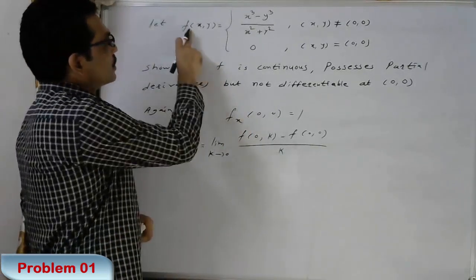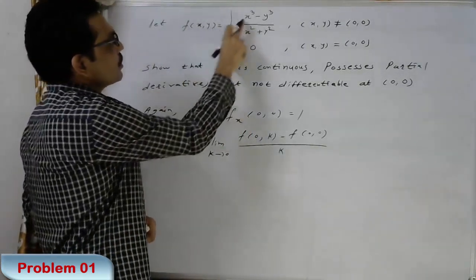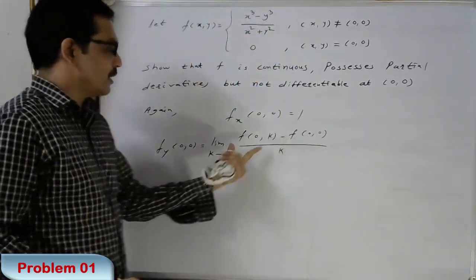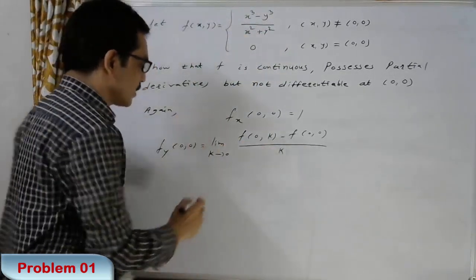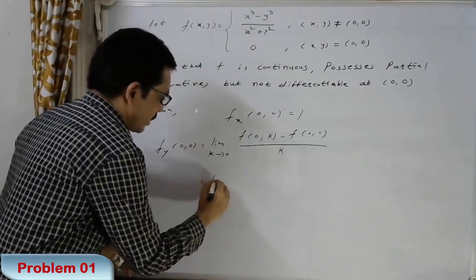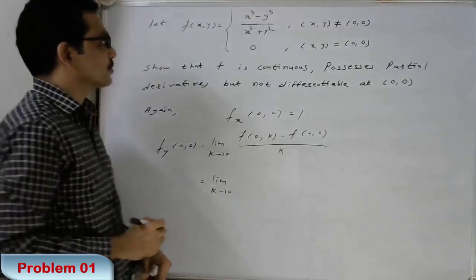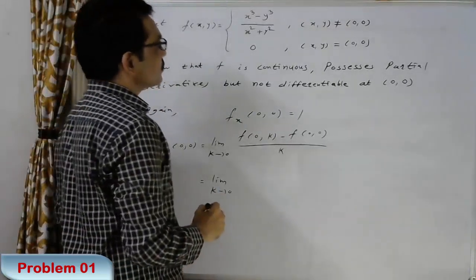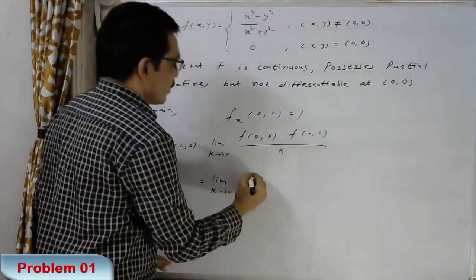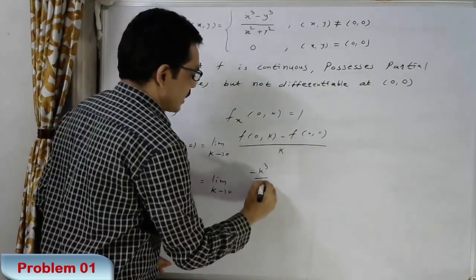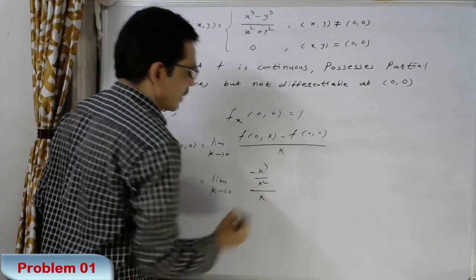Our given function is f of (x, y) equal to (x cube minus y cube) divided by (x square plus y square). Therefore, f of (0, k) is equal to, as the limit k tends to 0, minus k cube divided by k square. Then this is divided by k.